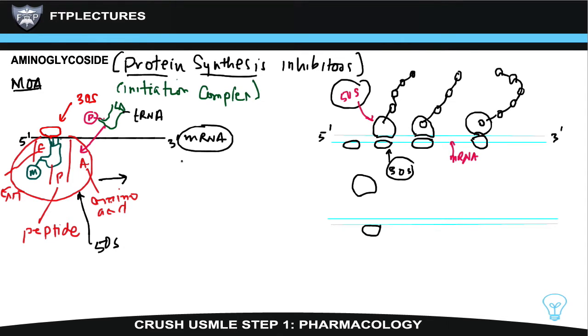And what happens is you basically get something like this. They sit next to each other. This brings another amino acid. So this is proline and this is methionine.